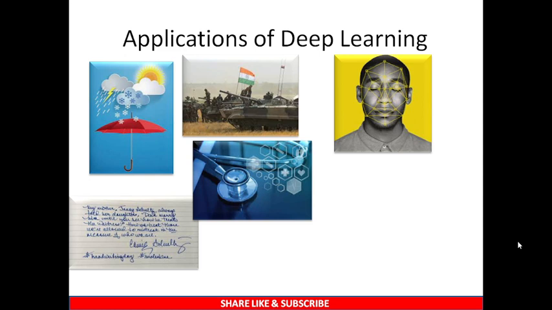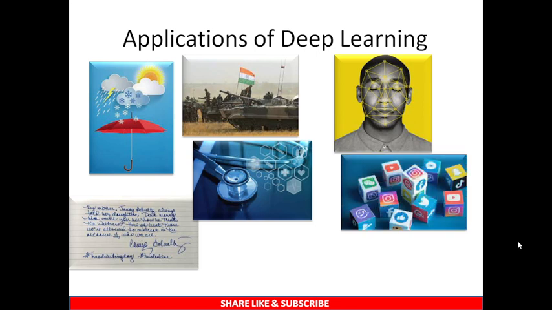We can understand it as humans, but at the computer level, we need to train the computer with the help of deep learning. Whatever handwriting we write, we can train the computer to predict which language it is, which word it is or which letter it is. So we can predict with the help of deep learning.